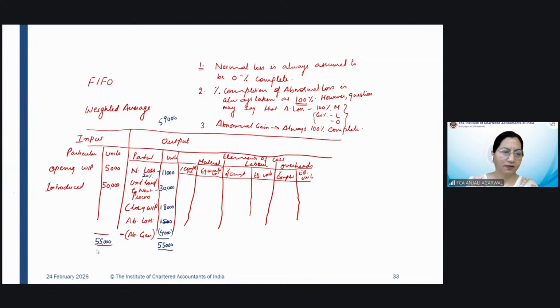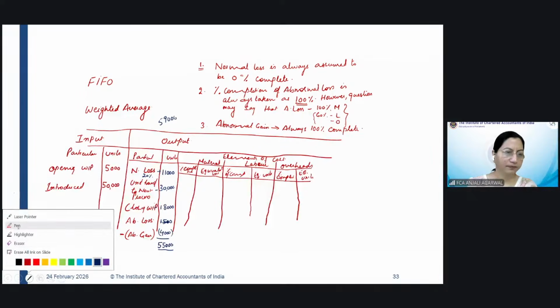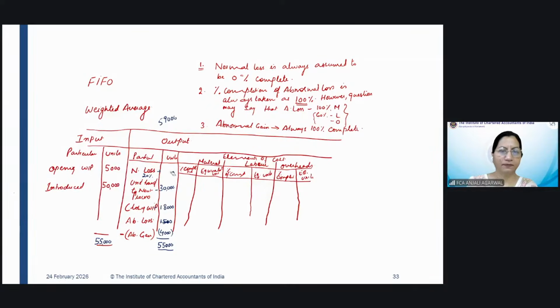Now, changing the figures back to what they were, there is no abnormal gain in this question. Normal loss is 5,500, so there is an abnormal loss of 1,500. So normal loss is always 0% complete.